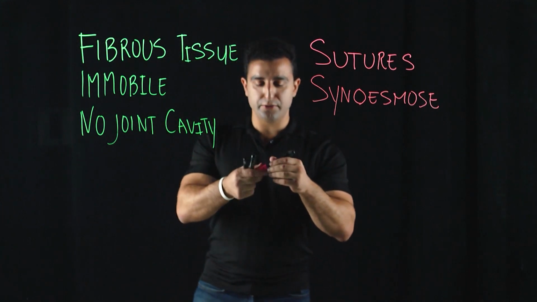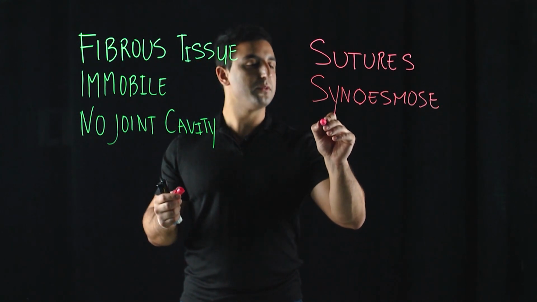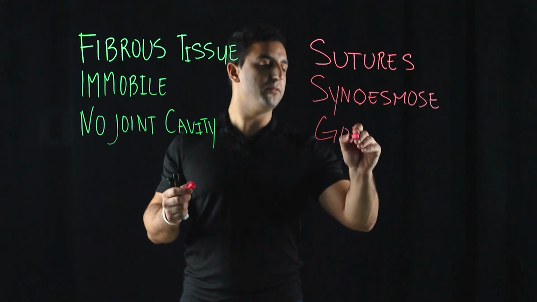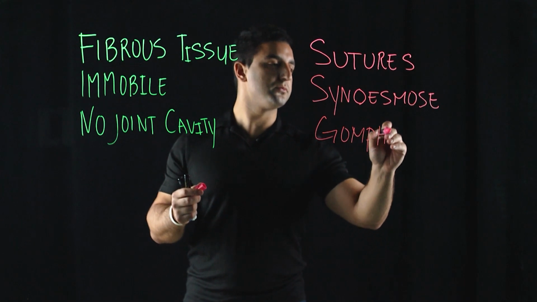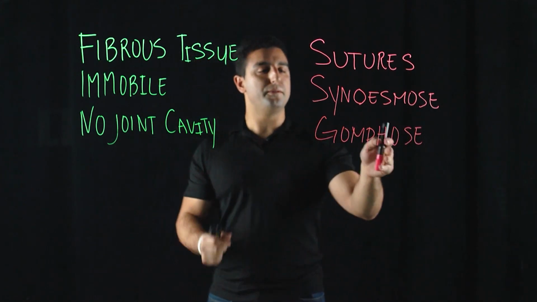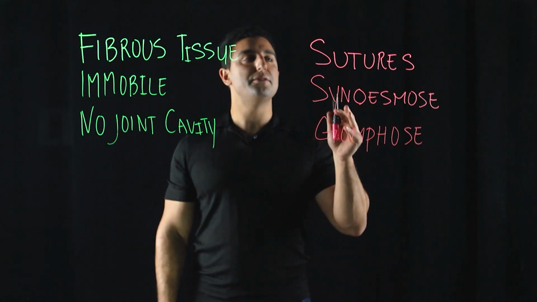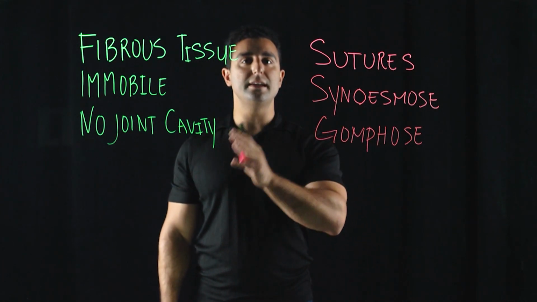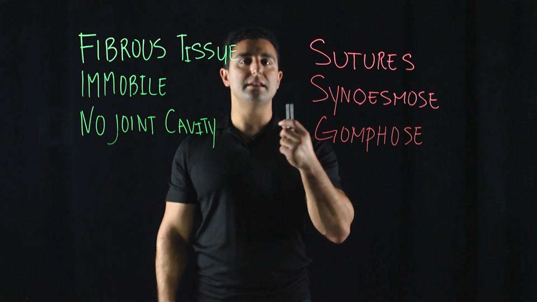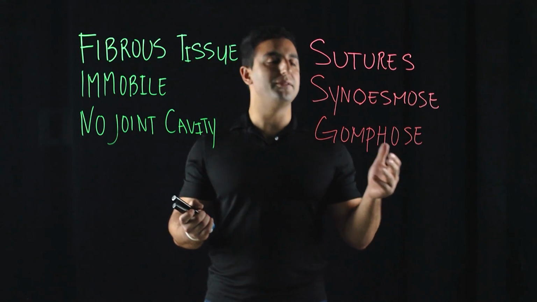The final one we're looking at here is called the gomphosis joint. This form of joint is found specifically in your teeth. It's a peg-and-socket joint held together by fibrous tissue.